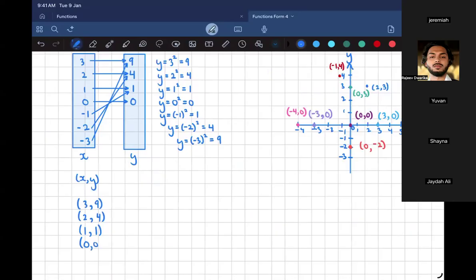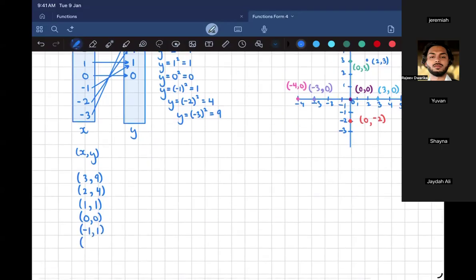Right, 0, comma 0. What's the next point? Continue. -1, 1. Right. The next one will be -2, comma 4. And the last one would be -3, comma 9. So tell me, Yvonne, you think we have enough points to plot that graph?